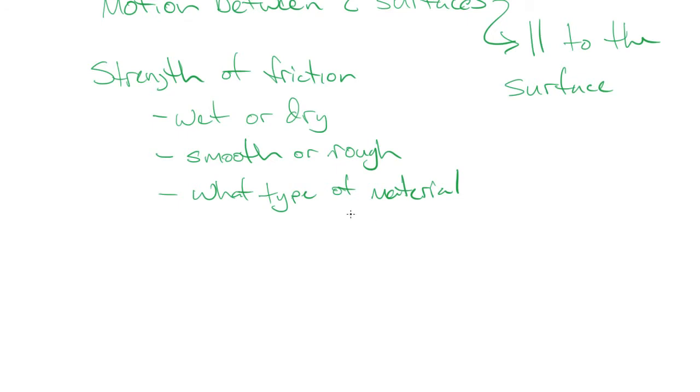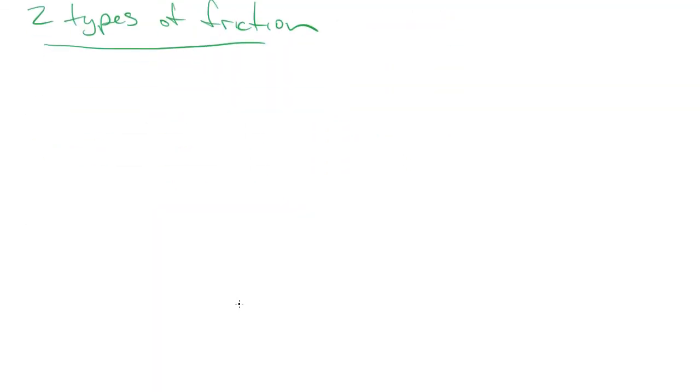So there are actually two types of friction. The first type that we're going to talk about is something called static friction.